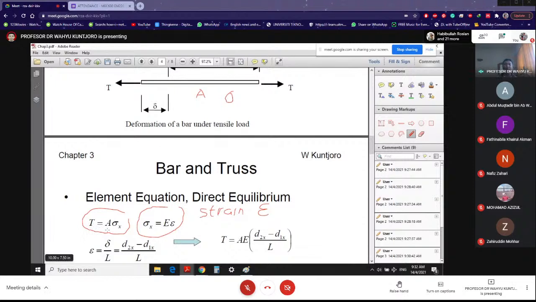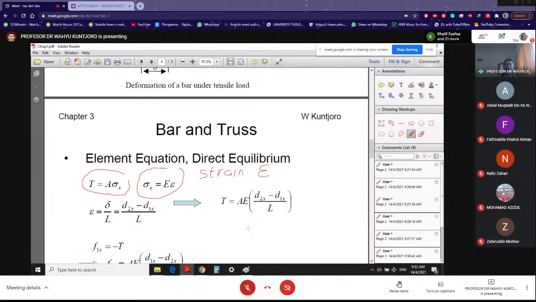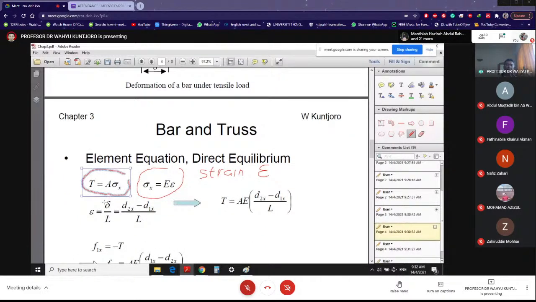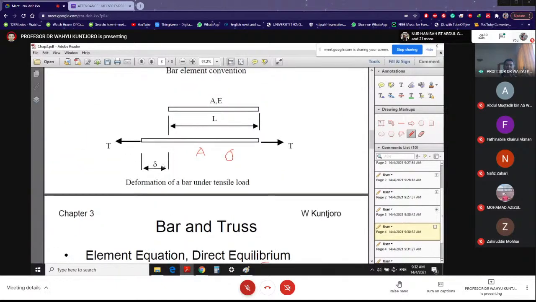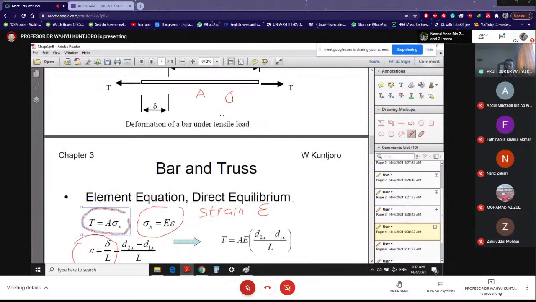Force equals area multiplied by the stress. Stress equals modulus of elasticity multiplied by the strain. And you have learned from material science that strain is actually elongation divided by initial length. That is what we call strain physically.